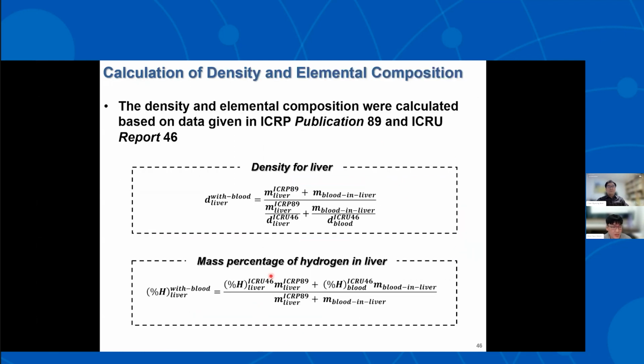In addition, the density and elemental composition for the blood inclusive organs and tissues were also calculated based on the data given in ICRP publication 89 and also the ICRU report 46, following the equation.